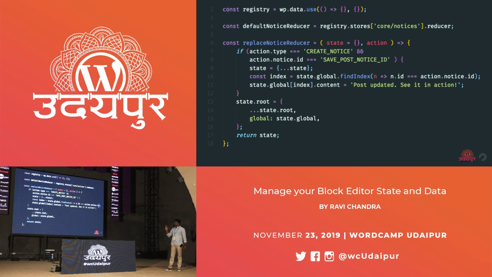I'm checking for create notice action, which would be the action type when WordPress creates a notice. And then I'm checking if the ID is save post notice ID. I know this ID because I've looked at the core/edit post save method. That's the notice ID it triggers.